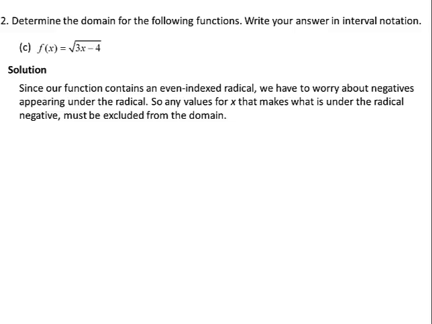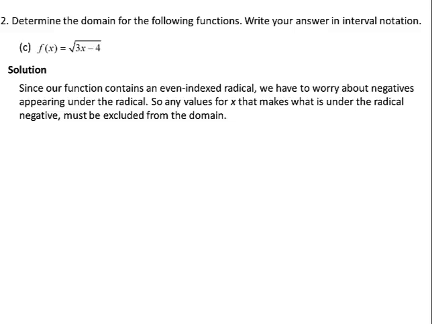So since the function does have an even-indexed radical, we have to worry about negatives appearing under that radical. We have to worry about a value of x that would go in and produce a negative number to appear under the radical. So any values of x that would make what you see under the radical negative, we would have to exclude from the domain.